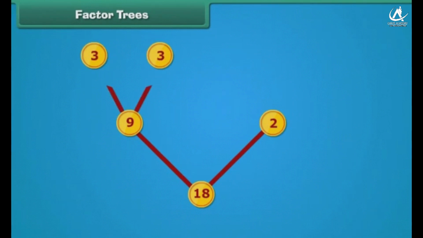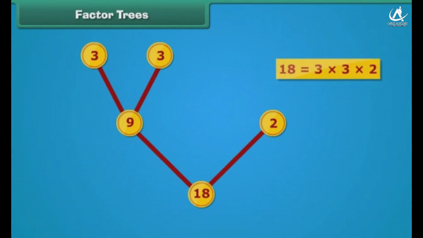We draw 2 branches from 9. Mark both as 3. 3 can be written only as 1 multiplied by 3. 2 can be written only as 1 multiplied by 2. We skip these factoring. The factor tree for 18 is complete.